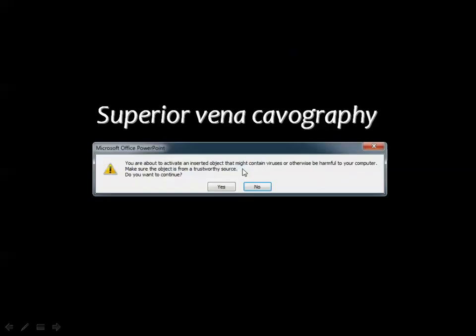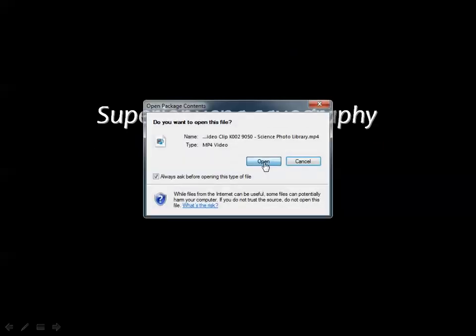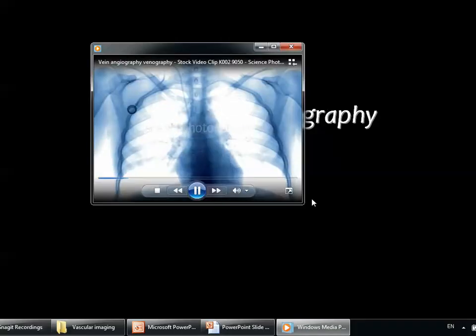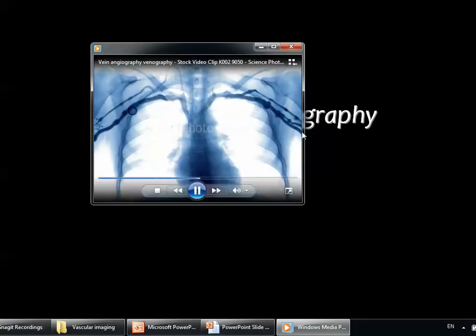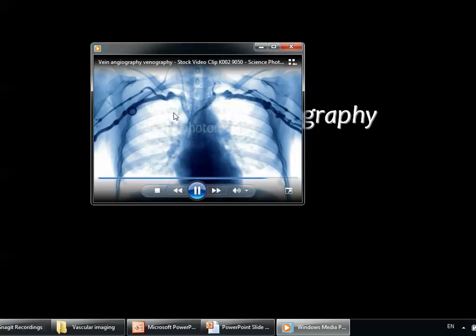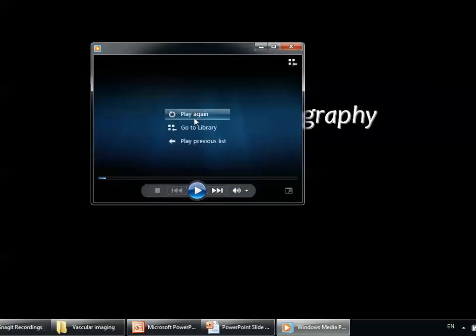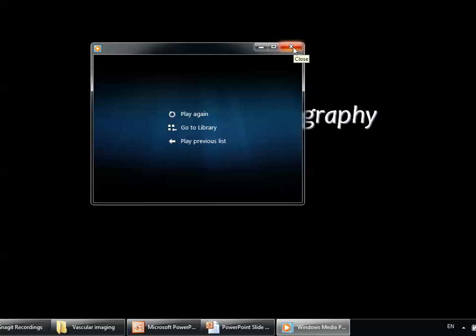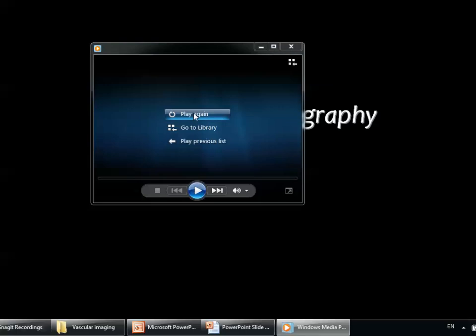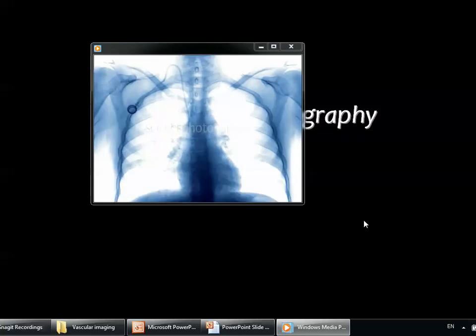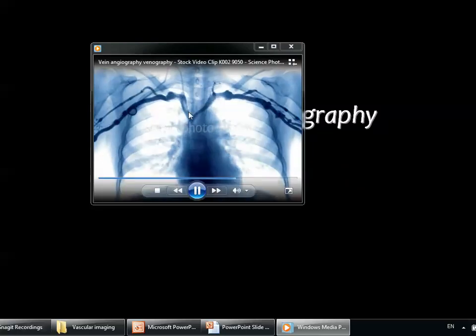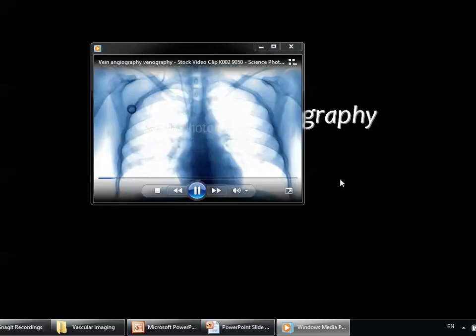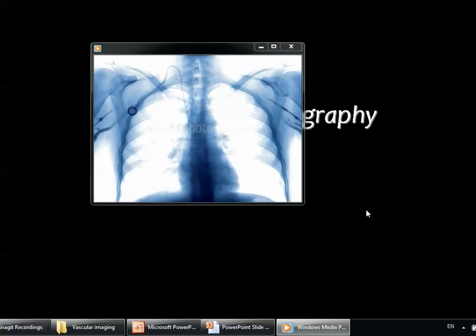Then we simultaneously injected this contrast material, as you can see here, from the left and right upper limb, so that the concentration of the contrast material will appear concentrated in the superior vena cava, so that we can diagnose any abnormality or the presence of obstruction.